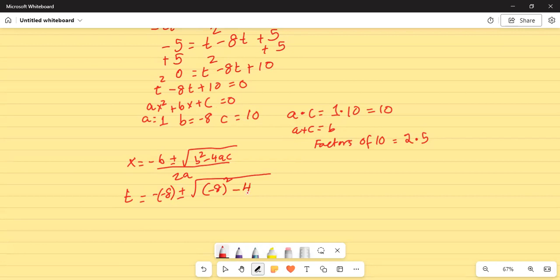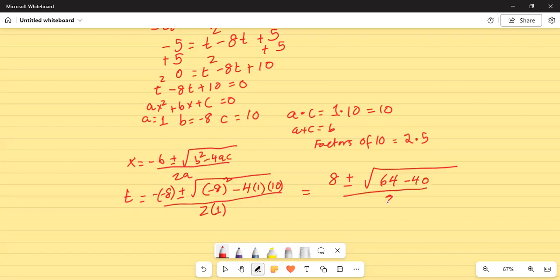That means 4 times 1 times 10, divided by 2a, which is 2 times 1. So that is equal to 8 plus or minus the square root of 64 minus 40, divided by 2. Okay, this can be further simplified.